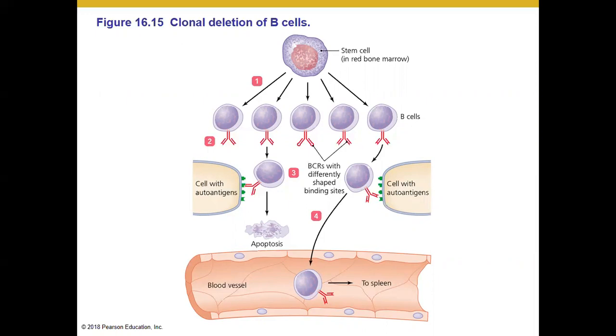So his receptor links with that antigen, and then we get rid of him or her, depending on the made-up sex or gender that you choose to attach to your cells when you talk about them. Here, you see that this B cell receptor does not recognize autoantigens, and so now it can enter circulation and be part of the immune system.